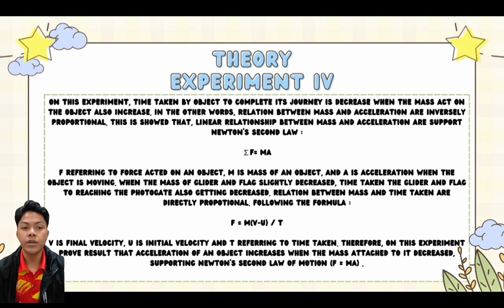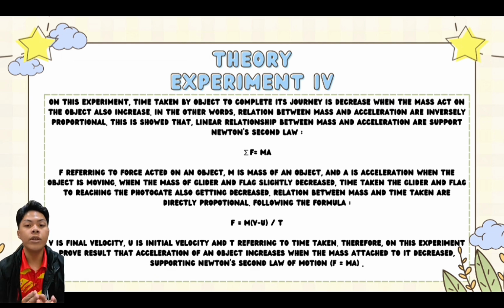When the mass is greater and the flag slightly decreases, the time taken for the glider and the flag to reach the photo gate also decreases. The relation between mass and time taken is directly proportional, following the formula F equals m in bracket v minus u over t.